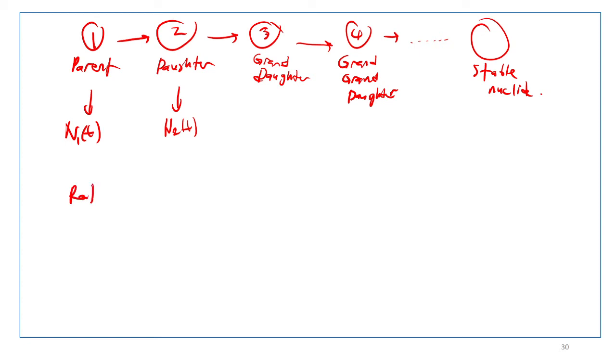In a statement, the rate of change of daughter nuclides equals, so the daughter nuclide is born from the decaying parent. So the amount of decay of the parent now becomes the amount of the daughter.